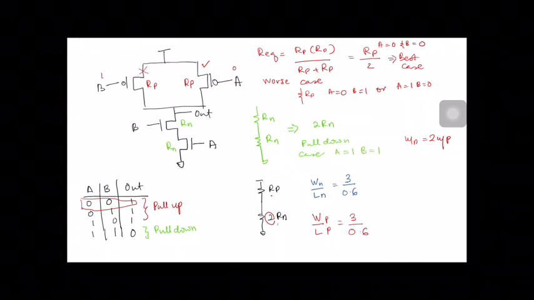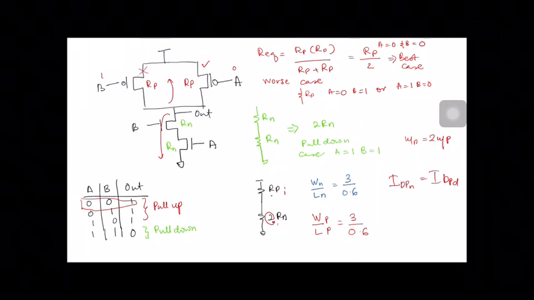So let me repeat, what is the point of doubling the size of the width? It is so that the current in the pull down network and the current in the pull up network are the same. And in order to do that, we need to look at the resistance.